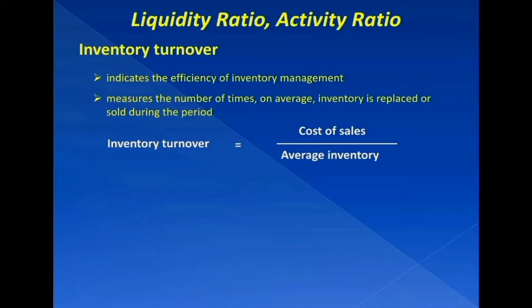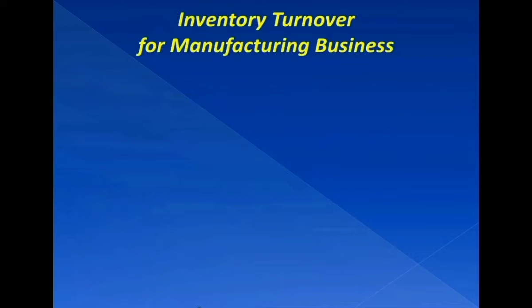It is important to point out that this formula is applicable for a merchandising business. For a manufacturing business, which carries three major types of inventories, namely raw materials, goods in process or work in process, and finished goods, a turnover figure is computed for each inventory type.